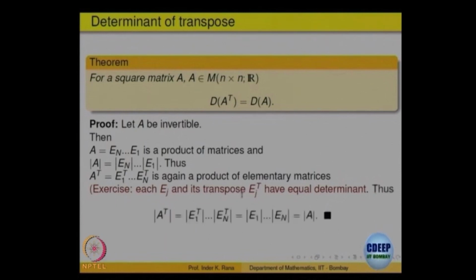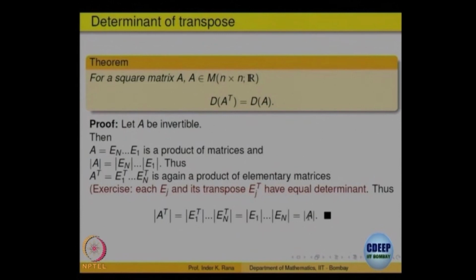Once that is guaranteed, what is A transpose? If A is E 1 into E 2 up to E n, what is A transpose? Transpose inverts the order of things, right. So, A transpose is E n transpose multiplied by up to E 2 transpose multiplied by E 1 transpose. They are all again elementary matrices. So, the determinant is a product of the determinants of the elementary matrices, and that is equal to the determinant of A.